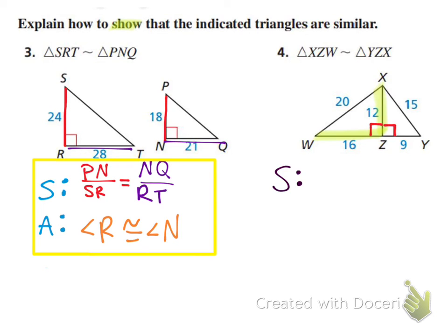So we're going to list. Oh, sorry. We'll start with WZ. What is WZ proportional to? YZ. So we would say YZ over WZ is proportional. This next one is weird. To XZ over XZ.